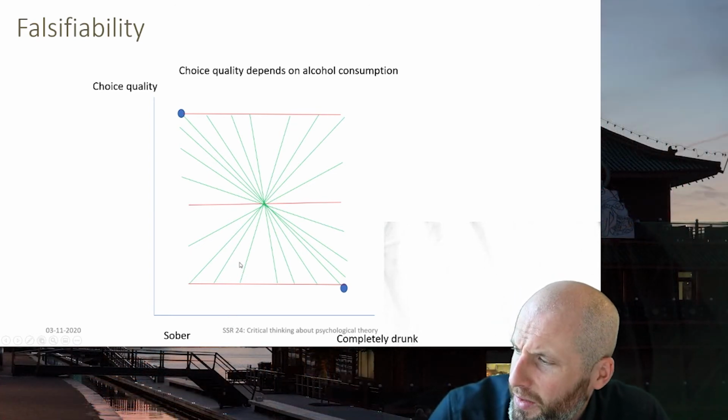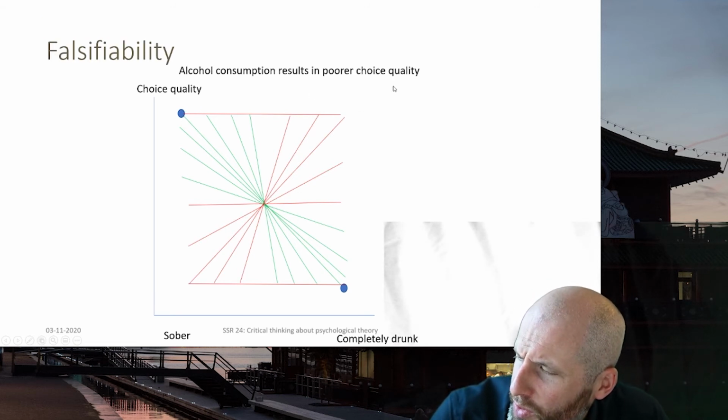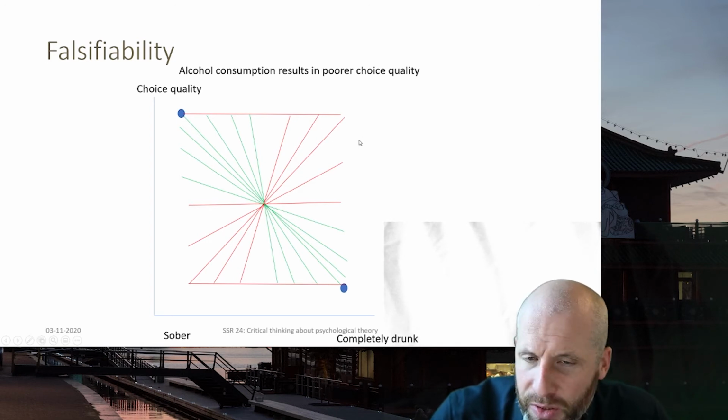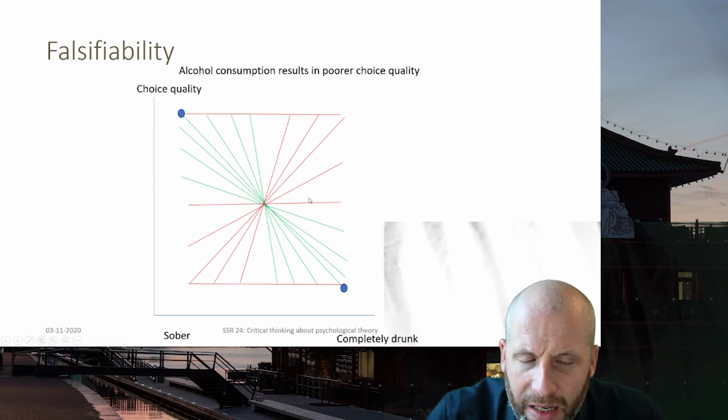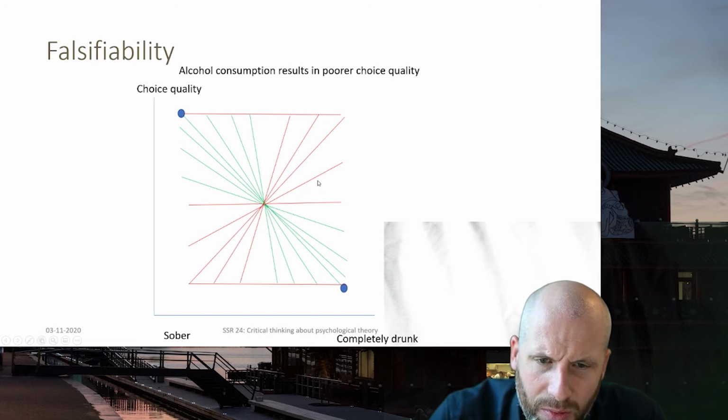If we make the theory a bit more specific, then we move on to alcohol consumption results in poor choice quality. We're already excluding half of the potential correlations, because we're saying only negative correlations will be in line with what this theory predicts, and the positive correlations or no correlations are excluded.